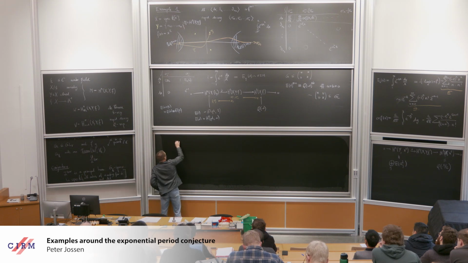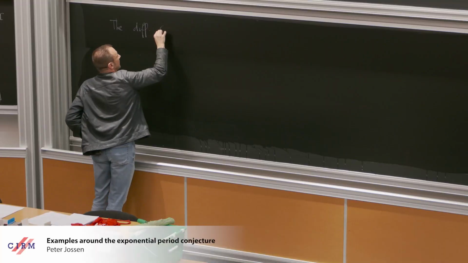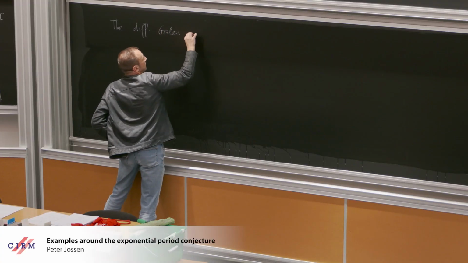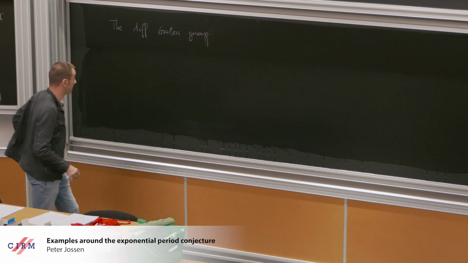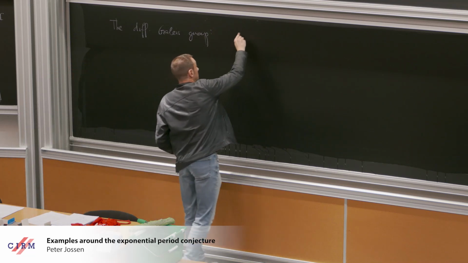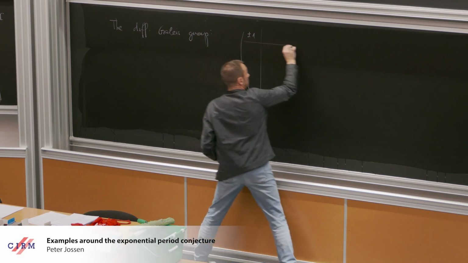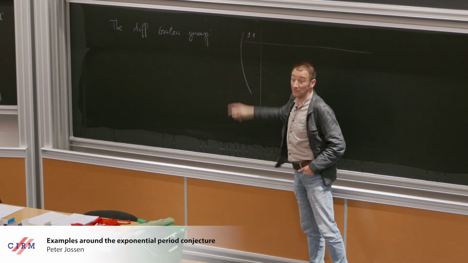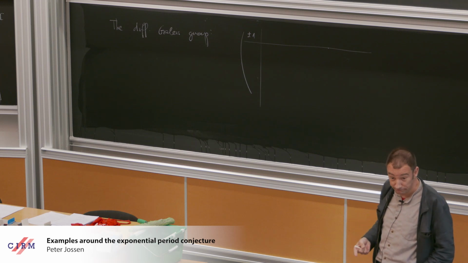Let's say the differential Galois group is in this case: up here you find ±1, the finite Galois group of the square root of z.